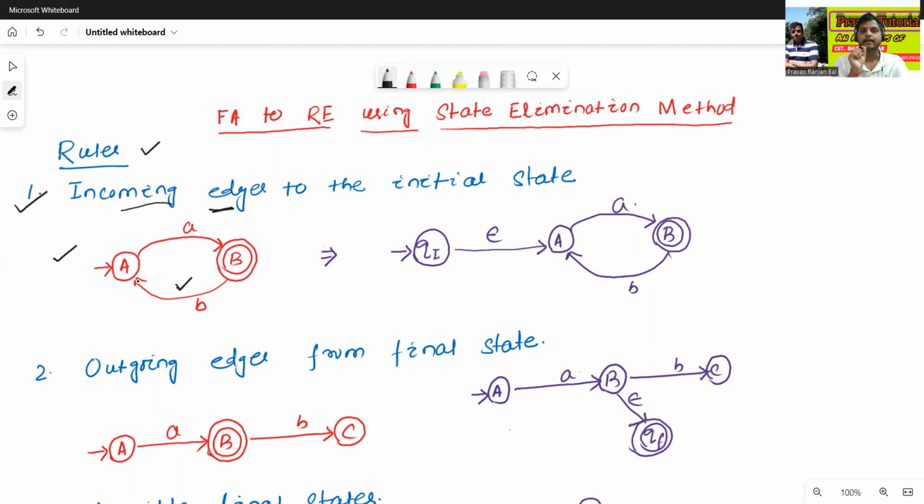So if there is any incoming edge to the initial state, what to do?